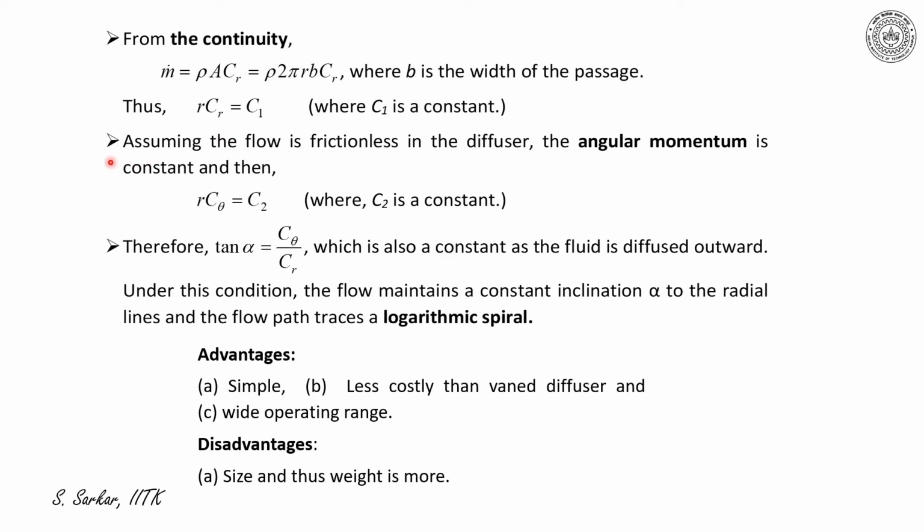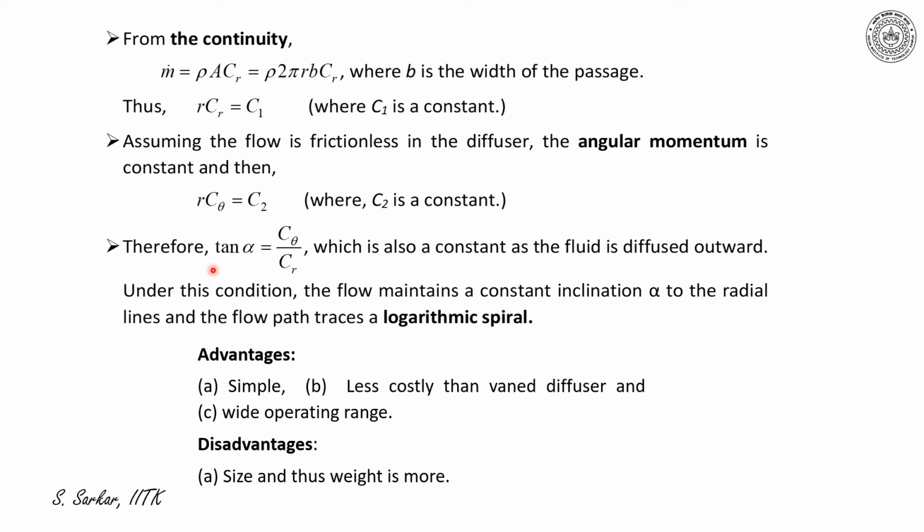Further, if we assume the flow is frictionless within the diffuser, then considering the conservation of angular momentum, it can be stated that R into C theta should be equal to constant. Thus, I can write tan alpha is equal to C theta by CR, which is also a constant as the fluid is diffused outward.